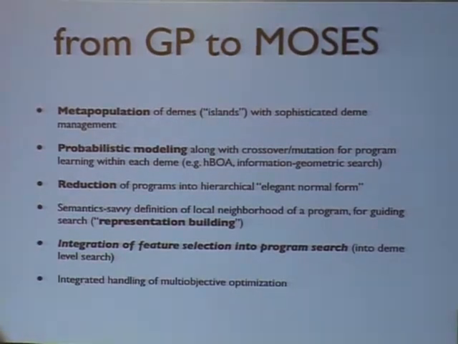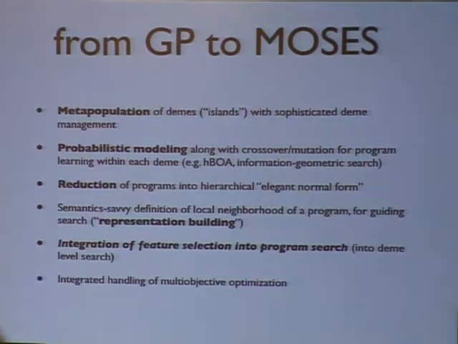Initially, it was modeled on Martin Pelikan's hBOA work, and we now do various other sorts of probabilistic modeling. So in essence, instead of just crossing over and mutating the better individuals in the population, you take the individuals in the population that were better, build a probabilistic model of what made them good, then generate new programs by instance generation from that distribution.